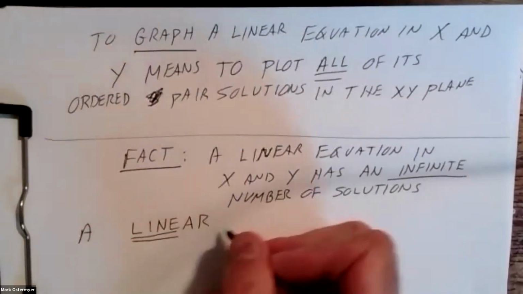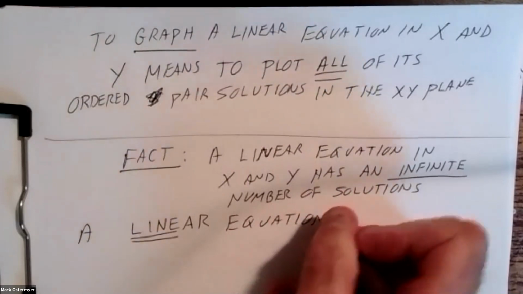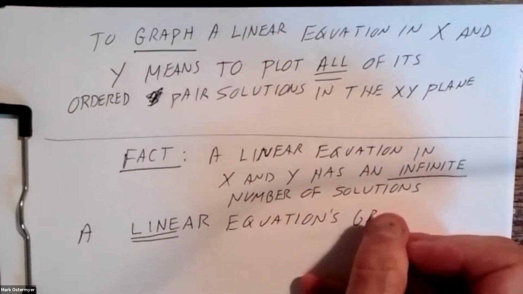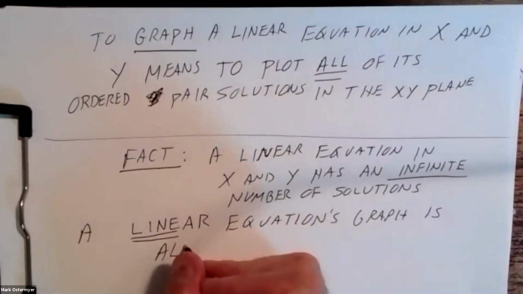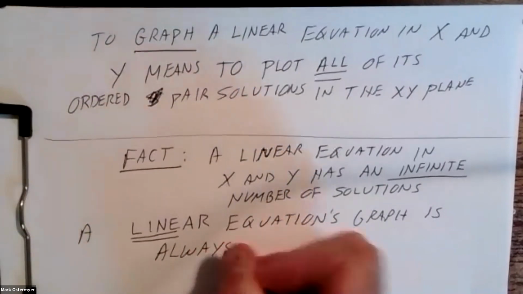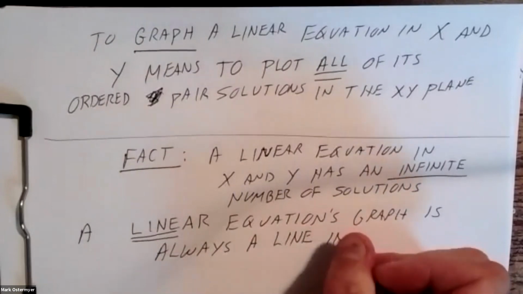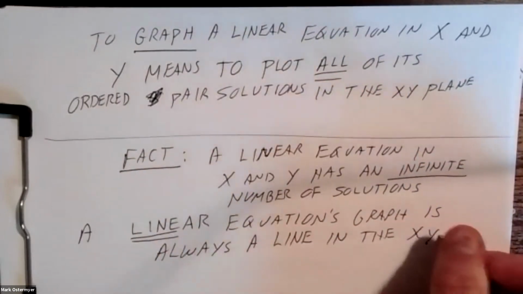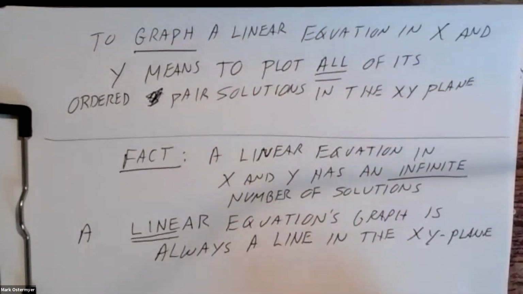So a linear equation's graph is always a line in the XY plane. It's always a line in the XY plane.